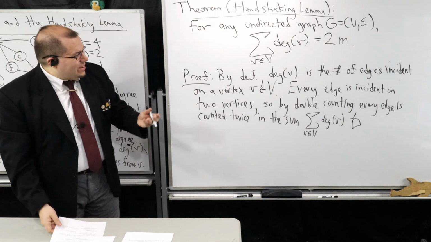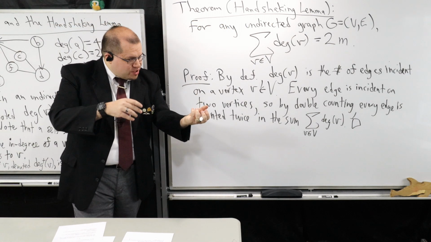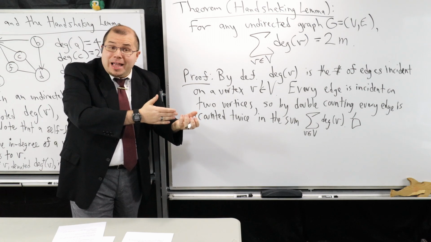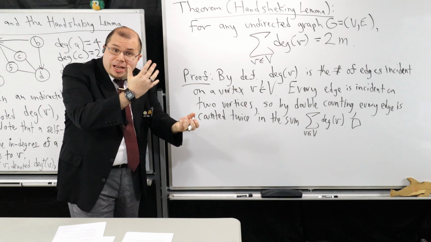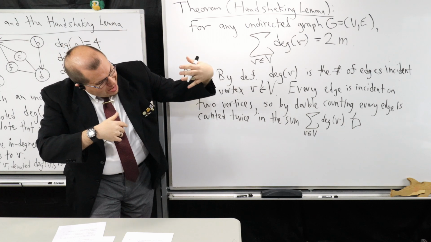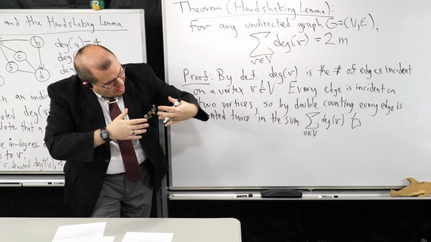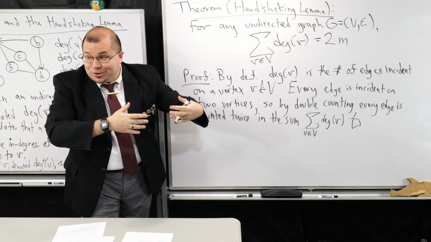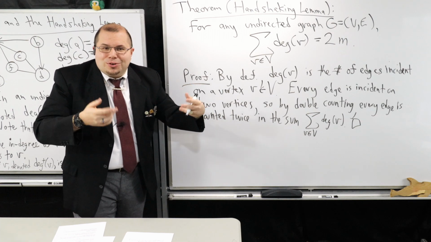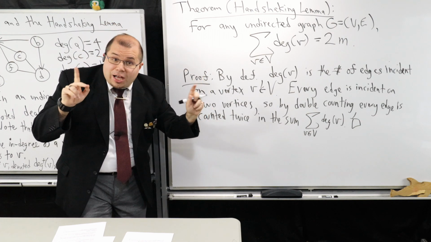All I do is I look at each edge and I say, okay, from the perspective of one of the endpoints, what happens? If you imagine my handshake, when I count my handshake, it's one endpoint in an edge. When I shake my friend's hand, from the perspective of that person, it's like each of us contributing to the total number of handshakes from each other's perspective.